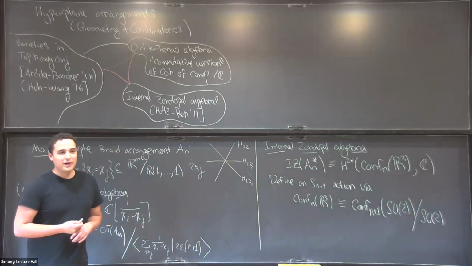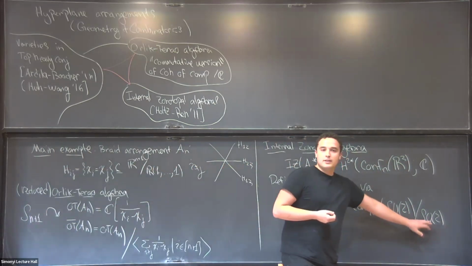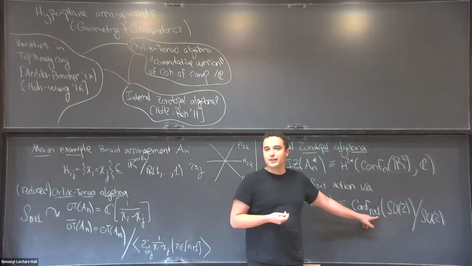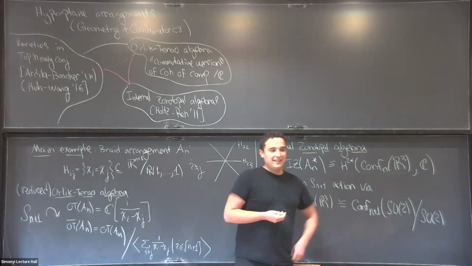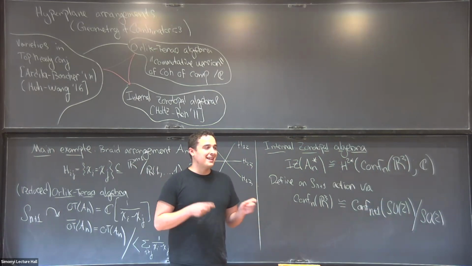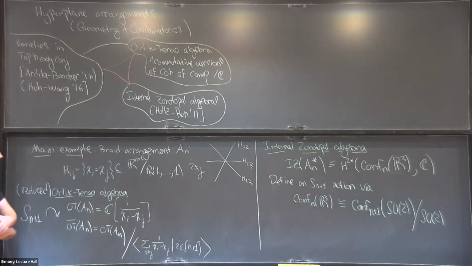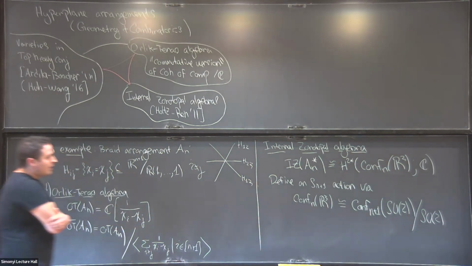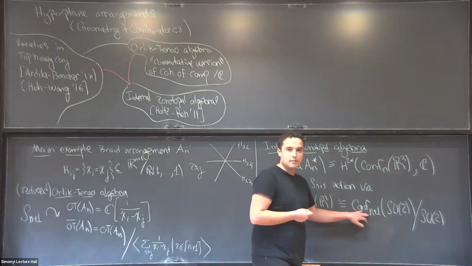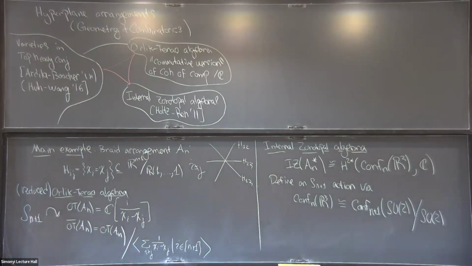And why are these two things homeomorphic? Well, I can use the group action to make sure that the last point in my configuration is the identity. Then what will remain is a configuration of n distinct labeled points in SU(2) minus the identity, which is R^3. And now the S_(n+1) action acts here by permuting the labels. So there is this clever S_(n+1) action that you can put on the cohomology.